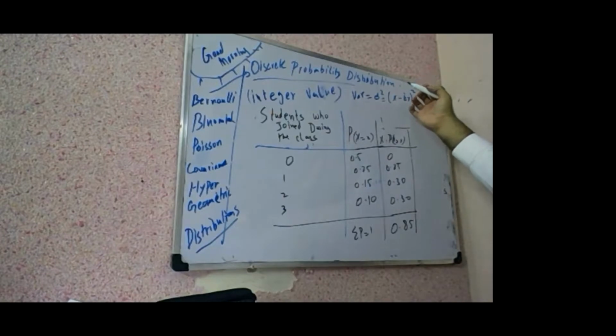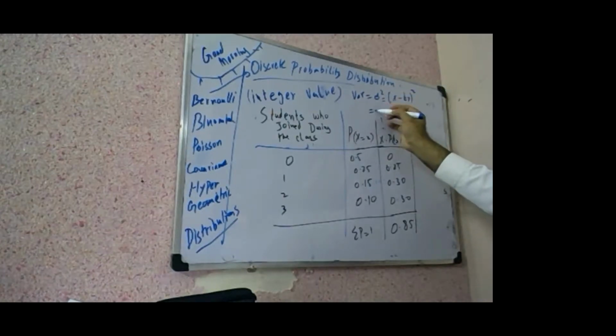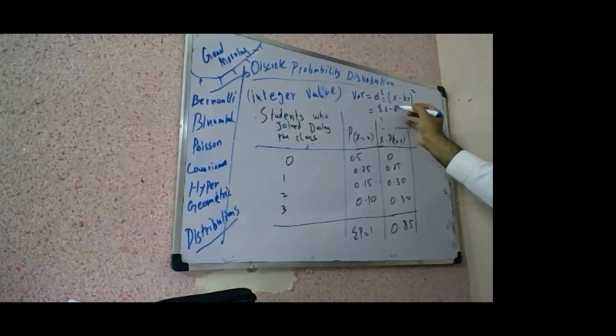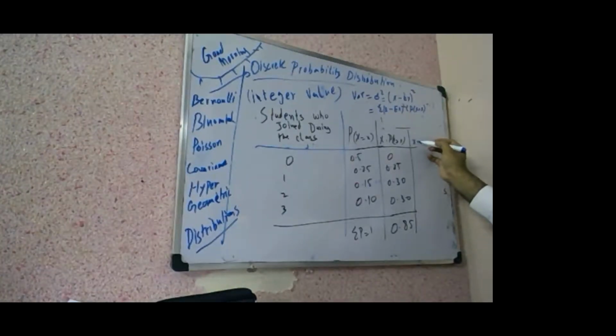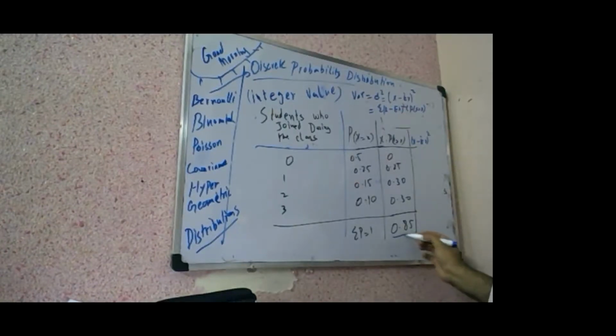If you solve it, you can get the sum of x minus expected value of x square into the probability of x equal to x. So first you have to calculate x minus expected value of x square. And look, this is the expected value of x. So x here is 0.5.